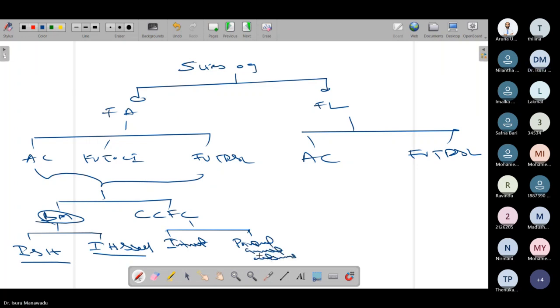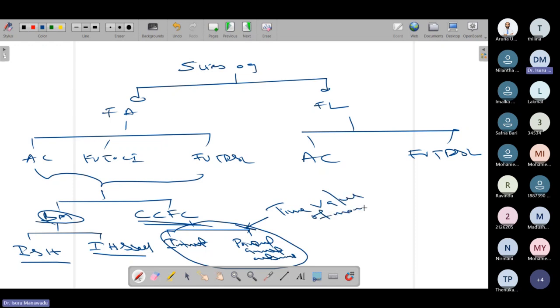So when it comes to contractual cash flow characteristics, we should apply the time value of money concept. You should apply it.